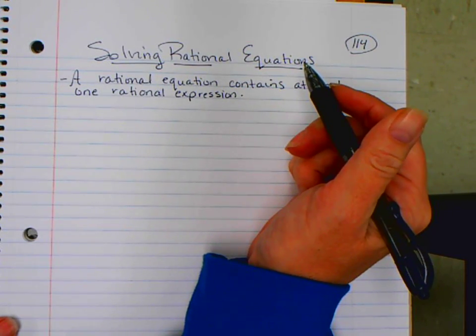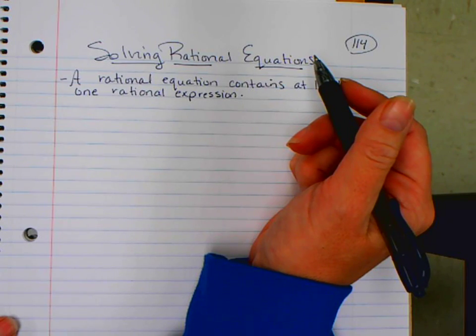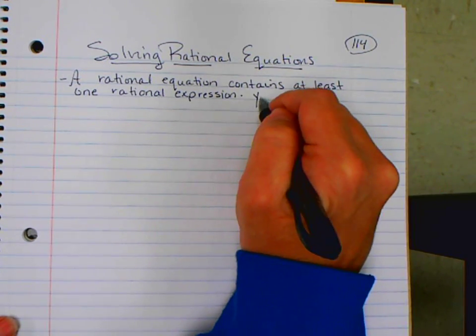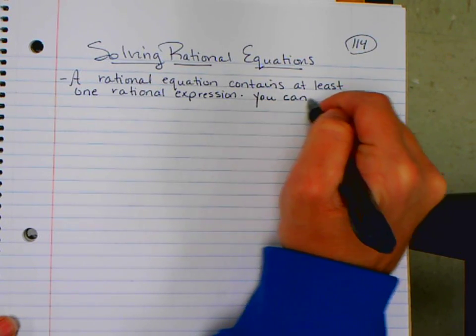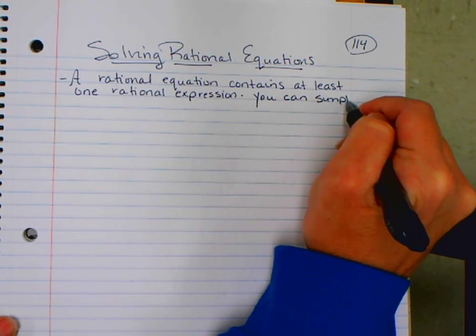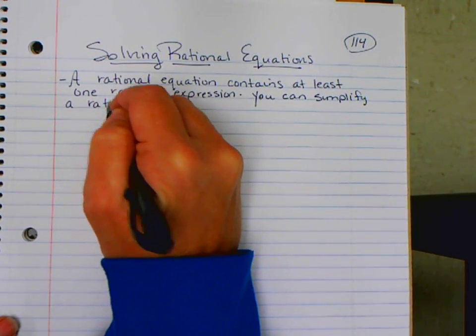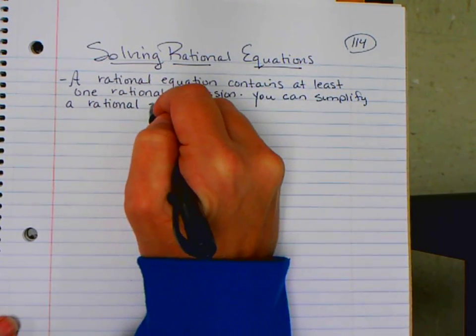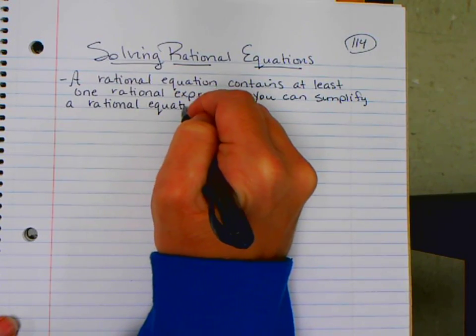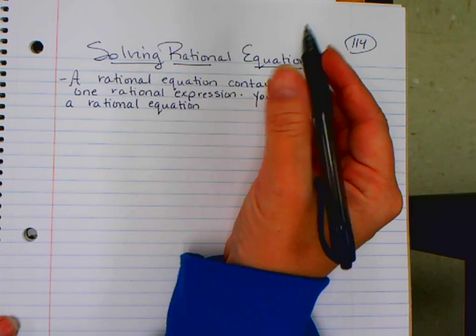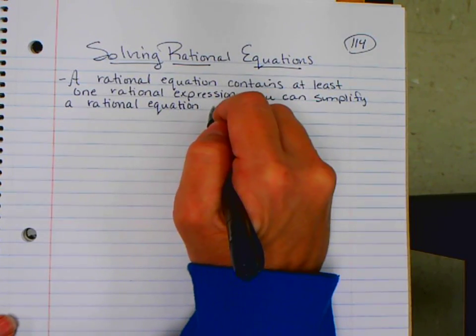You can simplify a rational equation if you first clear the equation of denominators.